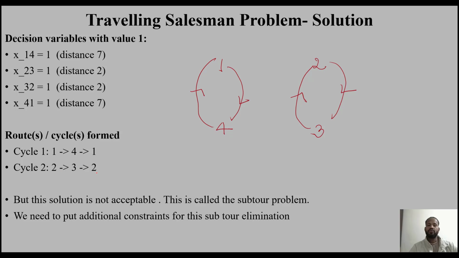Similarly, 2 to 3 and 3 to 2. This is actually 2 tours, and this solution is not acceptable. This is called the subtour problem in the traveling salesman problem. So now we need to put additional constraints for subtour elimination. Otherwise, this is not an acceptable solution.